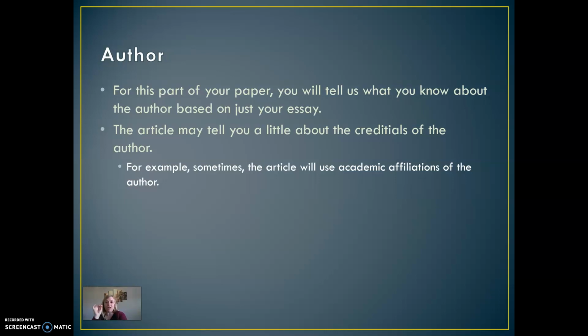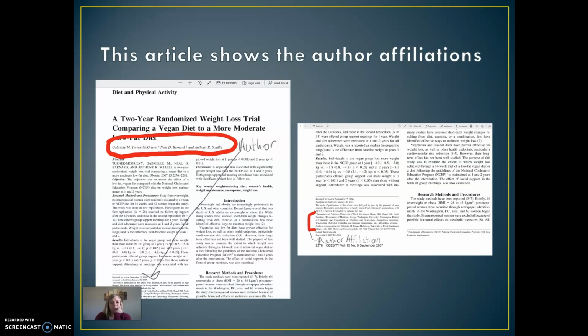And usually the article itself may give you a little, and I have this little thing I created where I found this article on NC Live, and so basically this is what I'm talking about. We have the author right here, and then if you notice, there's like little marks by their name that point down here.